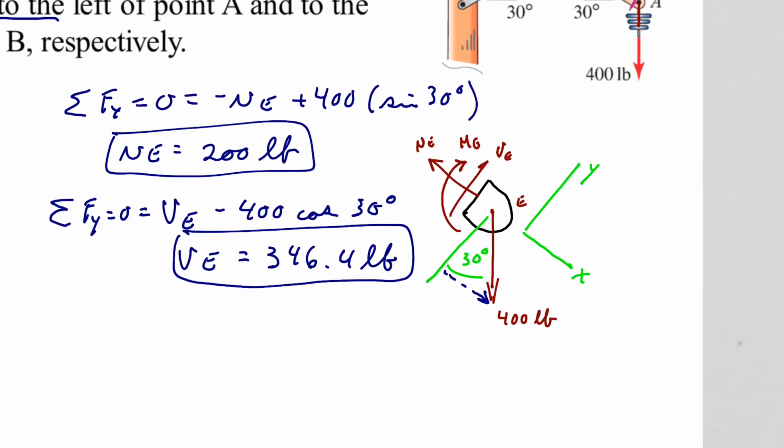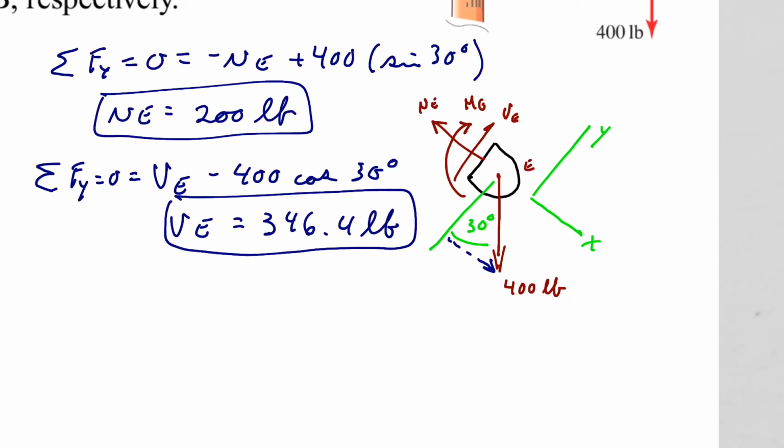Last, I need to solve for my moments. I'm going to take my moments at that cut, at M sub E, this cut area where I cut it. Now if you remember in the problem, it said that it is immediately to the left of this point. So if this distance is immediately to it, essentially it's infinitesimally small, or we will say it is 0.